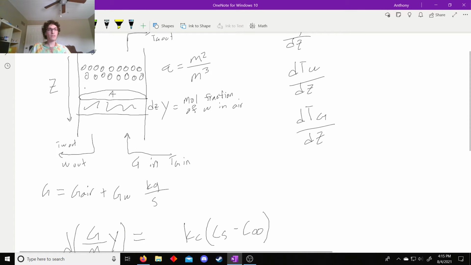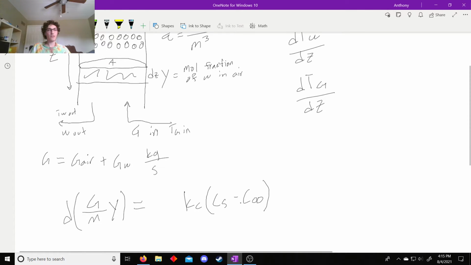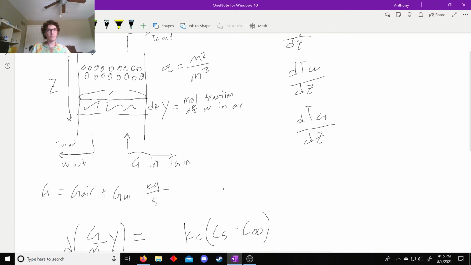We need to incorporate the area into here. And this lowercase a is from the packing, and this is meters squared of interaction between air and water, or the gas and the water, per meters cubed of this area here.